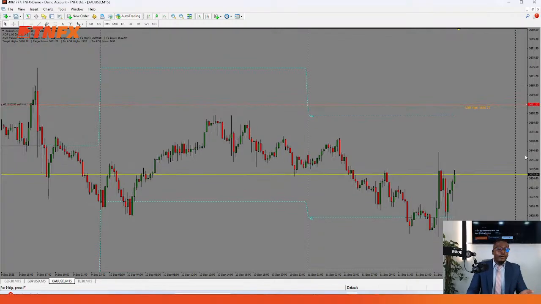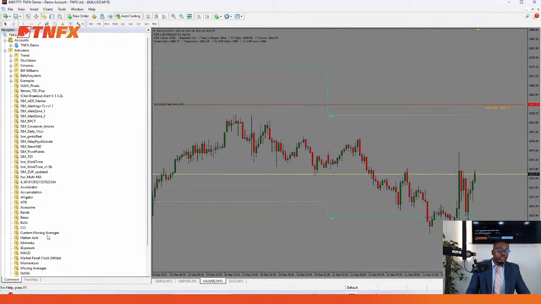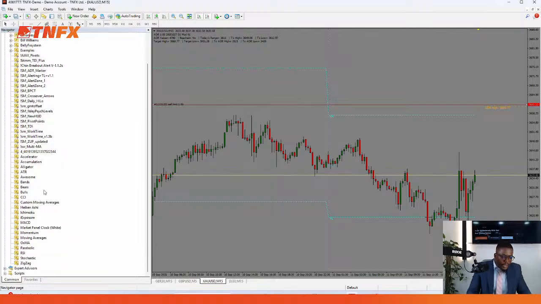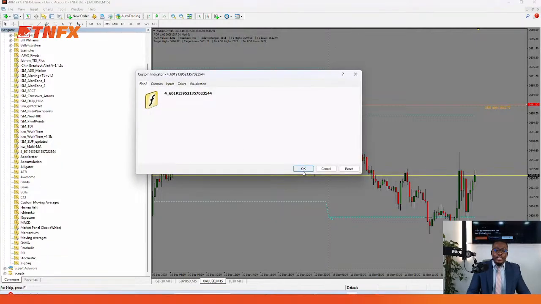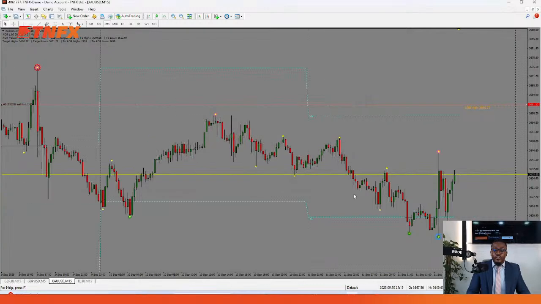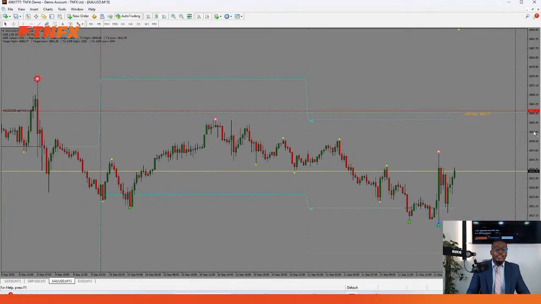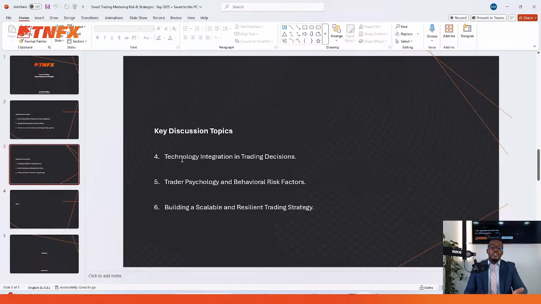Say, for instance, if I'm looking to identify the peak formations, I can literally just come and choose one relevant indicator that is in line with that, right? So a relevant indicator that is in line with that is the peak formations. You see that. So that is what we call the technology integration in trading decisions.